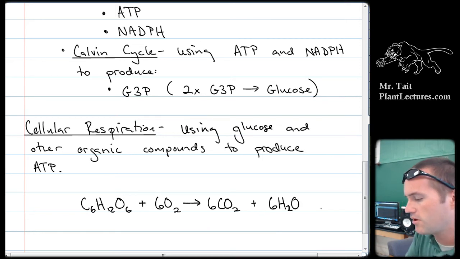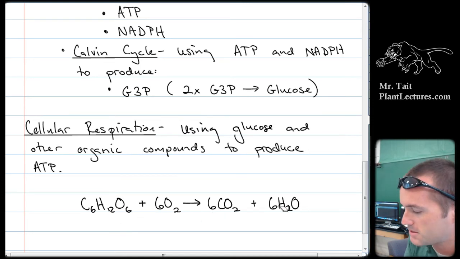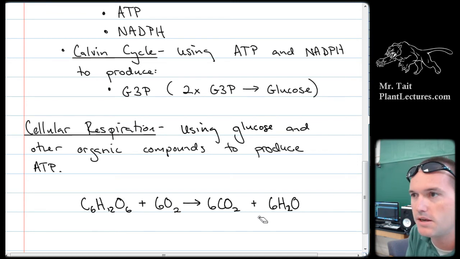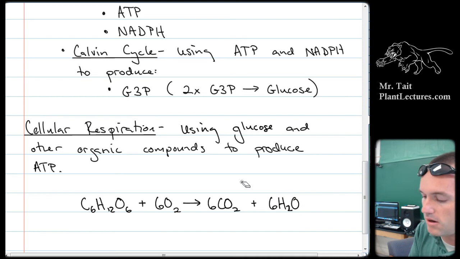Okay, this is another one of those disingenuous equations, because this would lead you to believe that this process doesn't require any H2O. If you look at this, there's no H2O on the reactant side and it produces H2O. So you're like, oh, I don't need any H2O in my body because this is going to produce all of it. No, because there are, again, 6 H2Os over here and 12 H2Os over here, and so they just cancel out the 6 on that side.